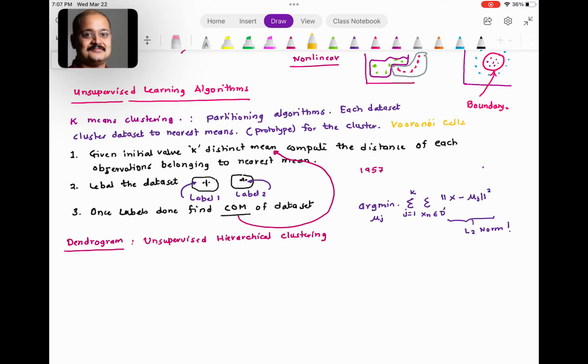The keyword here is hierarchical. So basically you go step down like this, then go up and down. There are two ways it can be done. One is agglomerative.